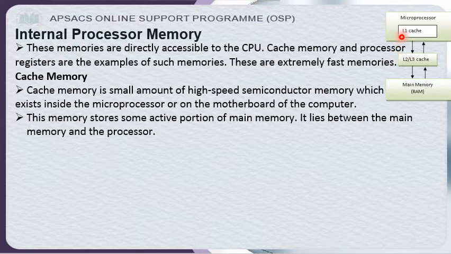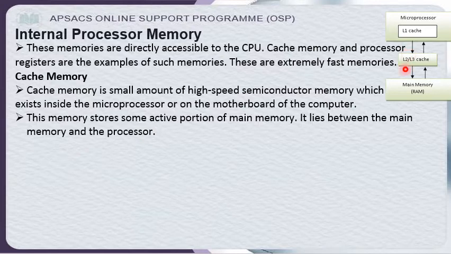Whenever your processor is doing processing, it needs data, and the data comes from the L1 cache. So the active portion of data will be stored in the L1 cache memory. So we can say that it lies between the main memory and processor.